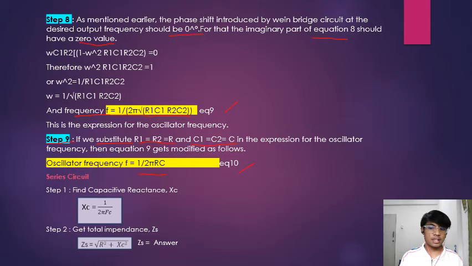So there are other calculations to find, such as capacitive reactance and impedance from the circuit. For the series circuit, to find the capacitive reactance, we can use the formula 1 over 2 pi FC. And to get the total impedance for the series circuit, we can use this formula.